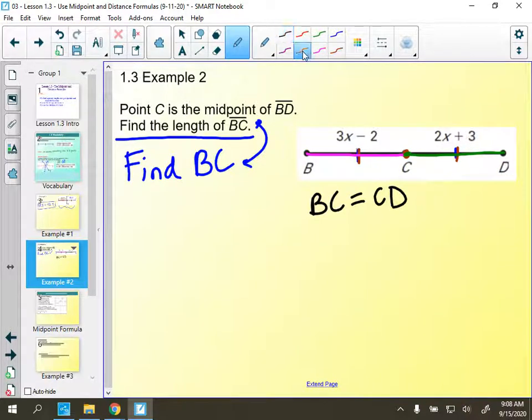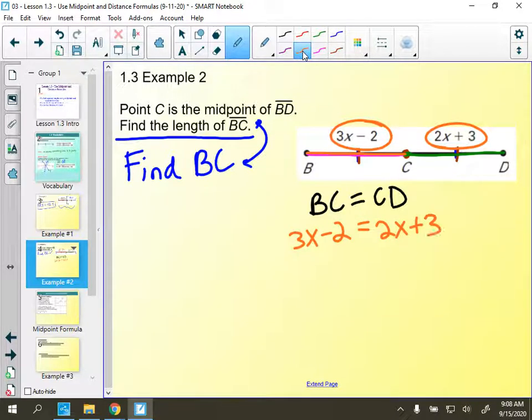And if we do a true substitution now, I'm going to replace BC with 3x minus 2, and then I'll replace CD with our 2x plus 3. And we're left with, in this case, hopefully not too difficult an algebra equation. So let's get our constant terms together.